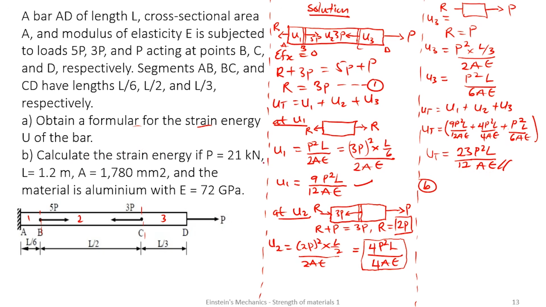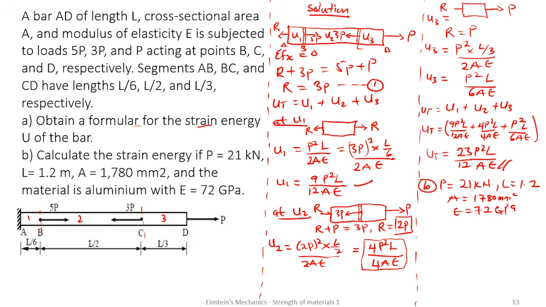So the B part: calculate the strain energy given P to be 21 kilonewtons, L 1.2, and we have A to be 1780 millimeter squared, and we have our E to be 72 gigapascal.